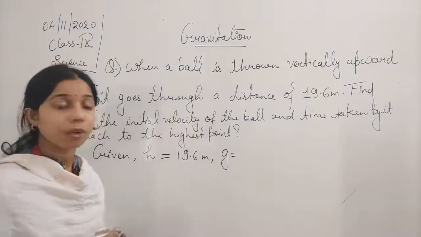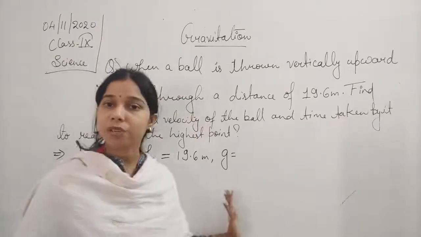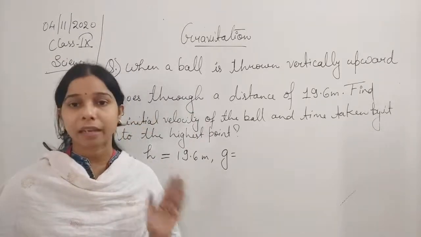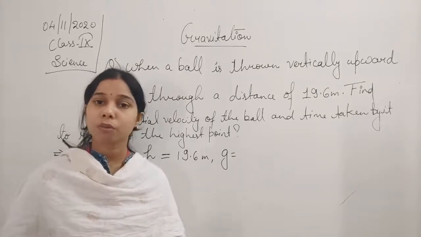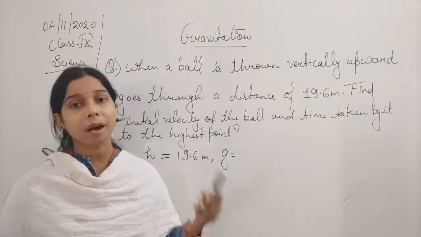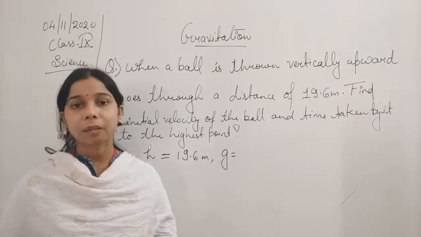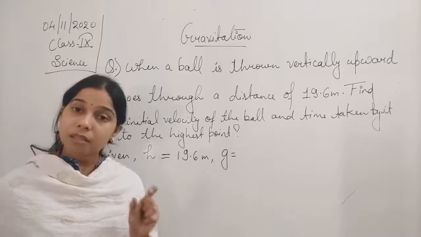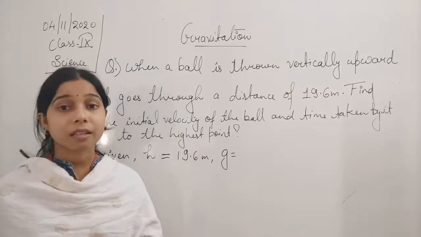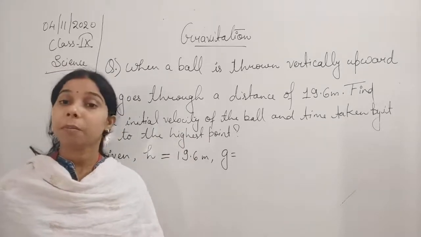Now you see here, student, whether we have to take g as negative or positive. Now you see, if suppose you are throwing an object in a vertically upward direction, at that time in the upward direction velocity keeps on decreasing, and when velocity keeps on decreasing, the acceleration due to gravity will become negative.